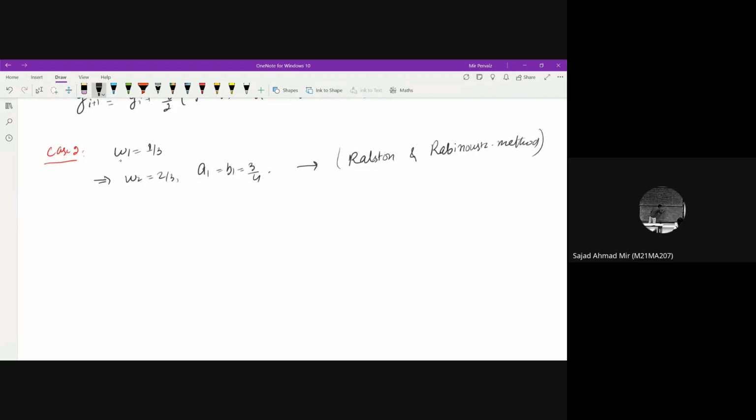Okay, so this you will get with this particular choice of the values. You are fixing one variable, from the system of three equations you are getting the values of other unknowns.